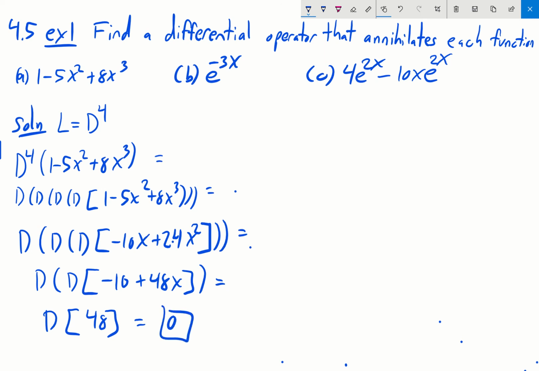So as we said, this differential operator D to the fourth would annihilate the polynomial 1 minus 5x squared plus 8x cubed. Take a look at part B. We want to find a differential operator that would annihilate e to the negative 3x.